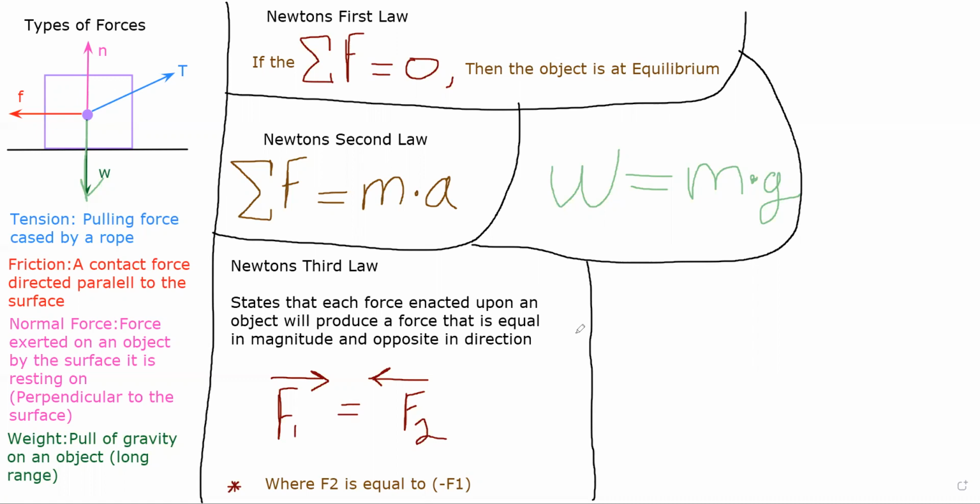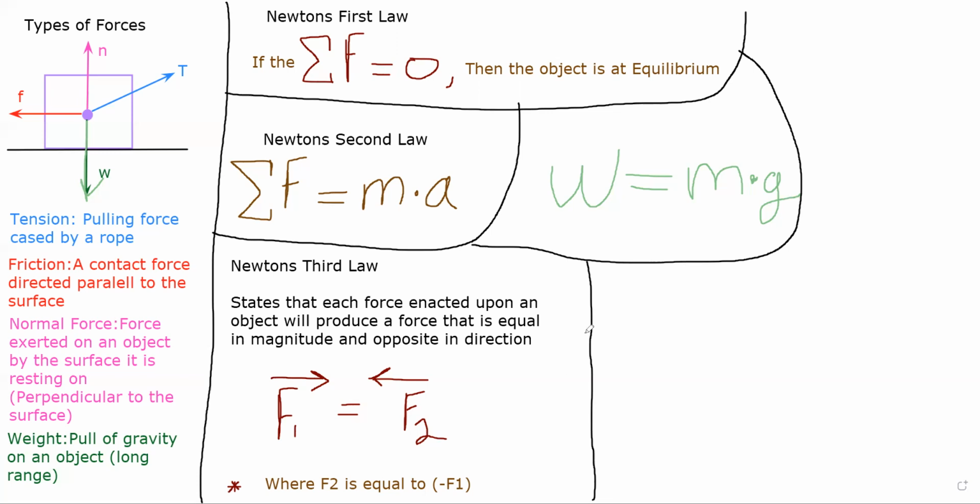So the force that you put on the ground as you're walking will be the same but opposite direction force that will cause your body to move. That's essentially how normal force works. It's what causes you to repel the surface that you're touching. So it pushes you away from it.